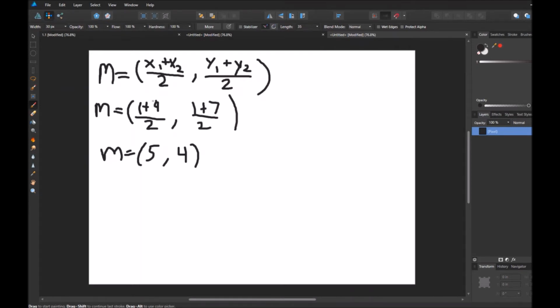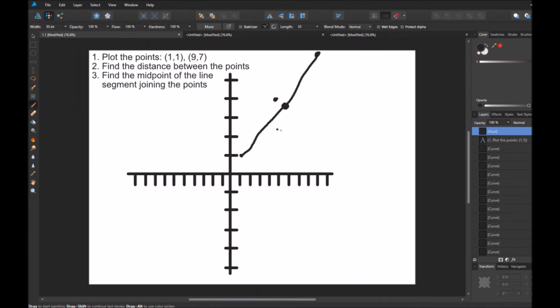And you can see here, because we're adding 2 numbers and then dividing by 2, we're finding the average between those 2 points. So it might make sense or it might not, but basically the midpoint is just the point in between these 2 points.